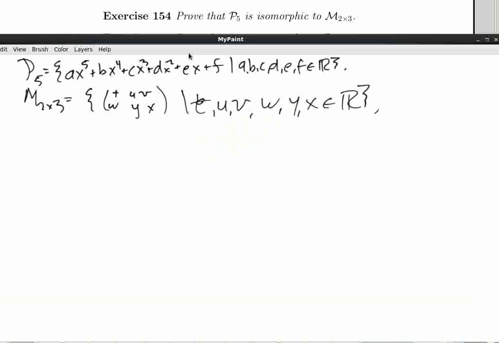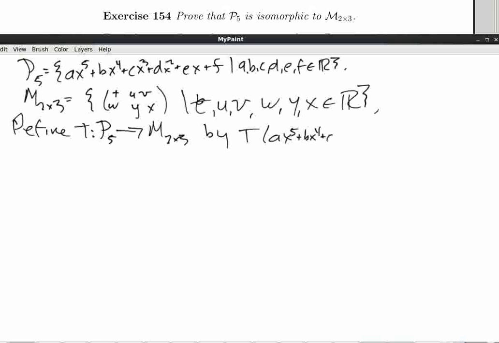So let's do that. I'm going to define T from my set of all fifth degree and less polynomials to M2x3 by T of ax^5 + bx^4 + cx^3 + dx^2 + ex + f is going to be equal to the matrix a, b, c, d, e, f.